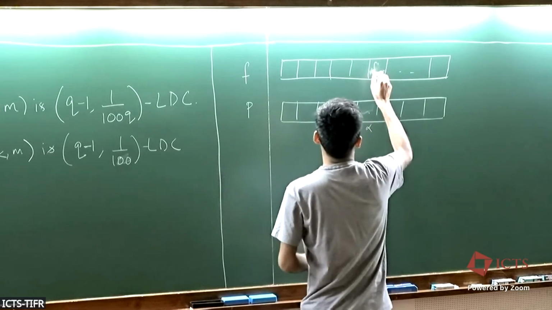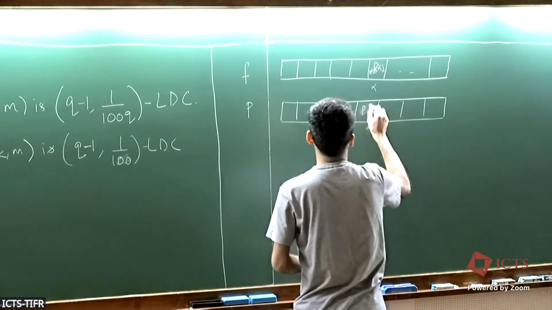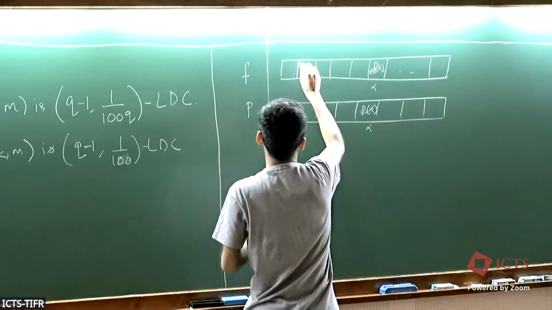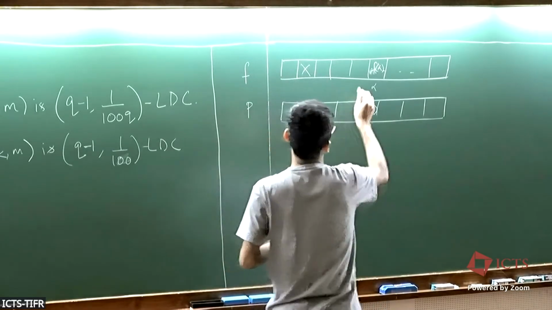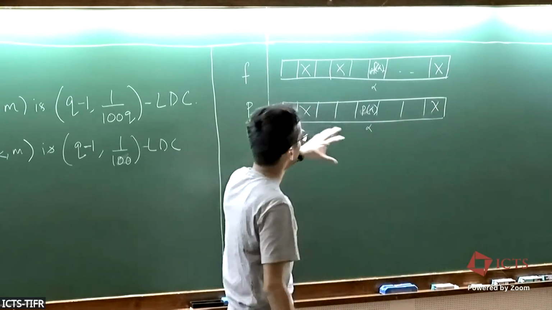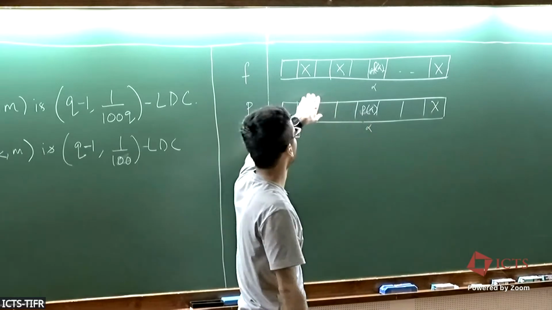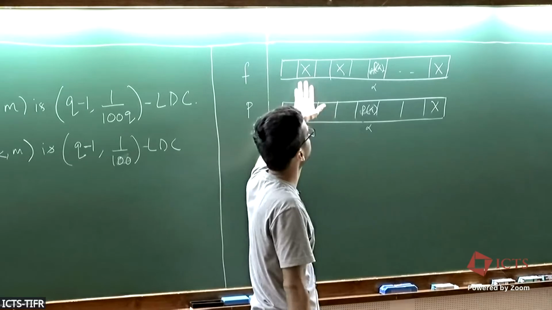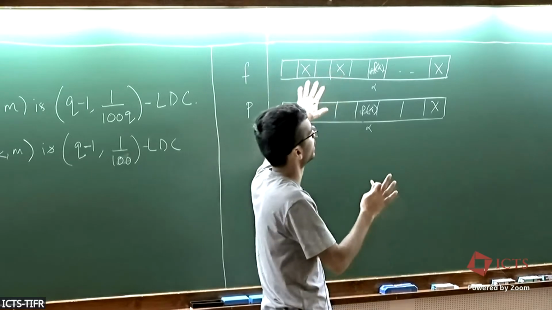So this is f of alpha, this is p of alpha. We know that f and p are close together, but they could potentially disagree at a few locations. Our goal is to find p of alpha given query access to f.